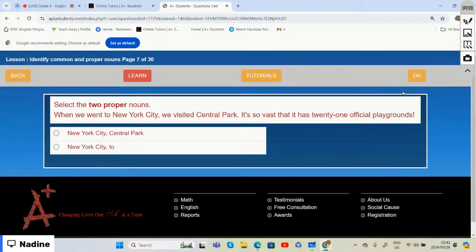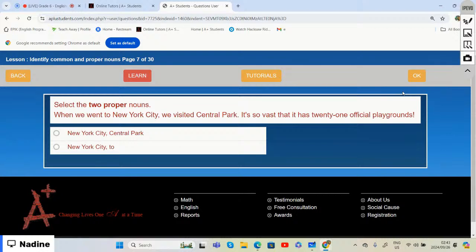It says select two proper nouns. When we went to New York City, we visited Central Park.